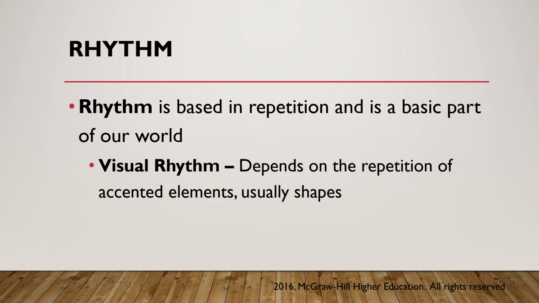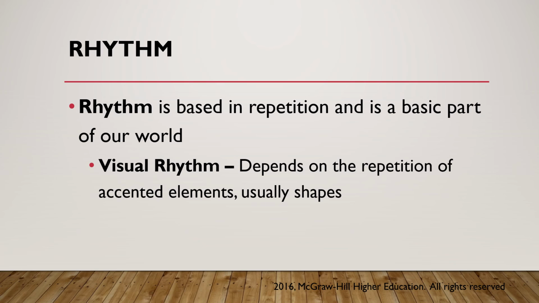Usually when you hear the term rhythm, you think of it being more of something that deals with music, and it's a repeating. It's like a beat, okay? And so rhythm in art is visual, and it depends on the repetition of certain elements, usually shapes, could be lines.